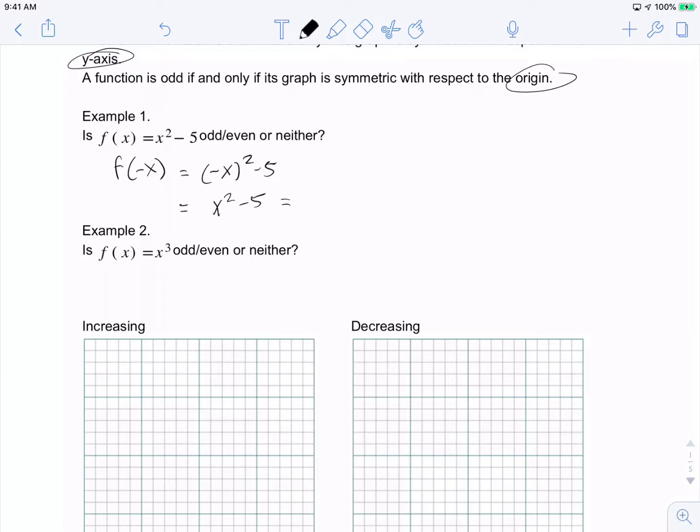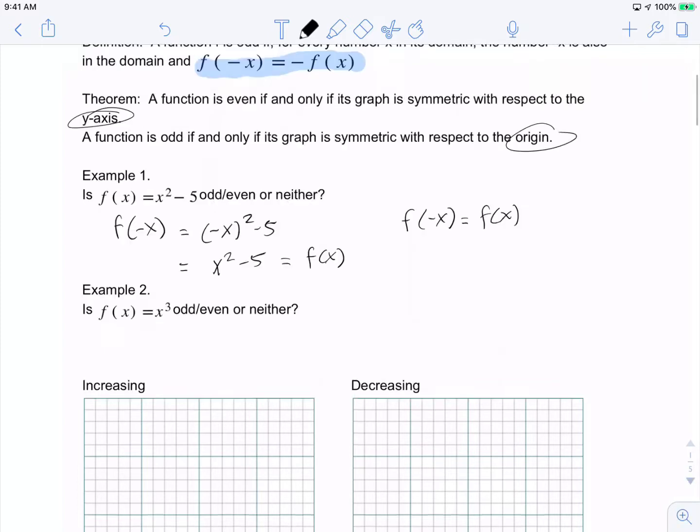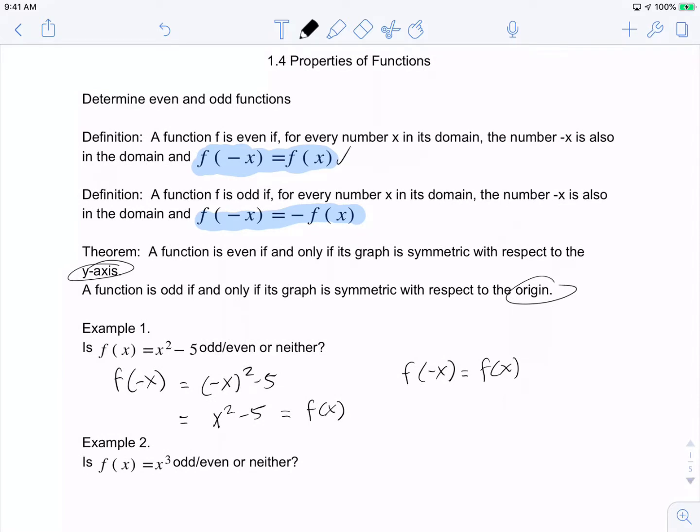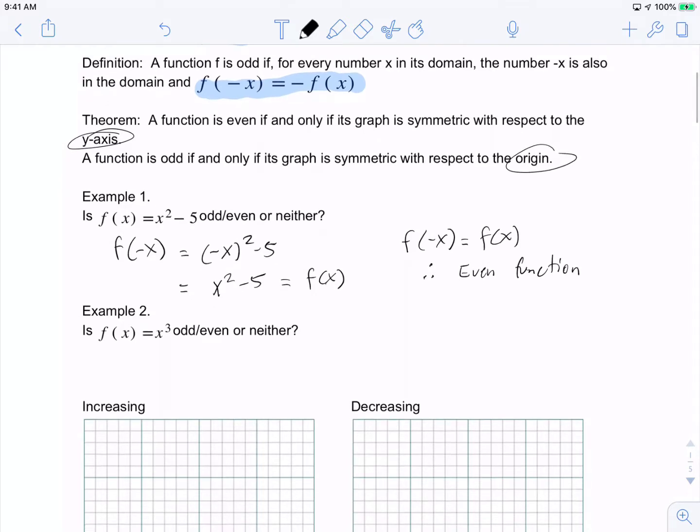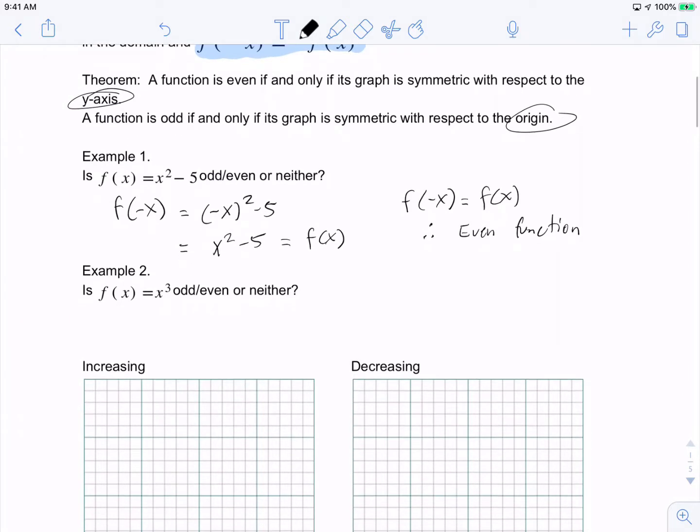We notice that that is equal to f of x, so f of negative x is equal to f of x, and that tells us this is therefore an even function. That's important.